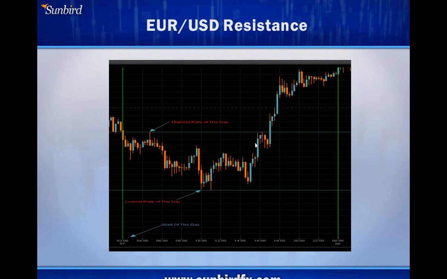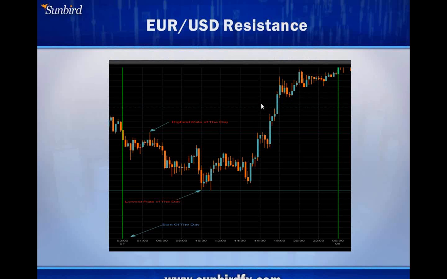So it broke through, and I'm starting to make profit. Every 2 pips of profit that I'm making, my stop loss gets higher, and it goes along with my profitable trade.